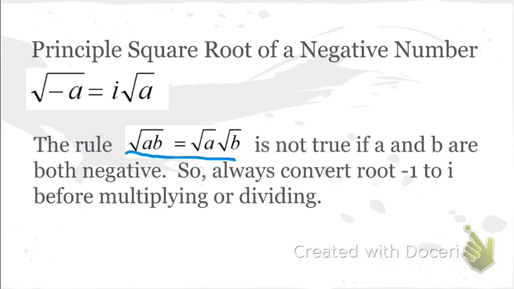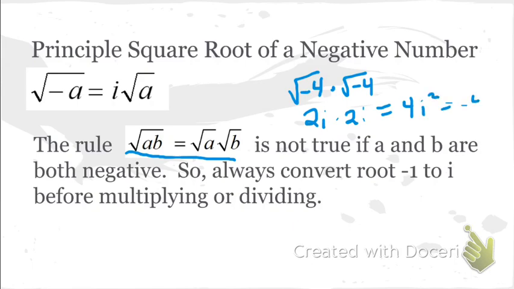So negative root 4 times negative root 4 doesn't automatically equal -4. What you have to do is put that in terms of i first, and then go from there. In this case, that'll work out, and you'll get 4i squared, and that'll equal -4. But in general, you want to do this step first, where you put each number in terms of i, and then multiply.